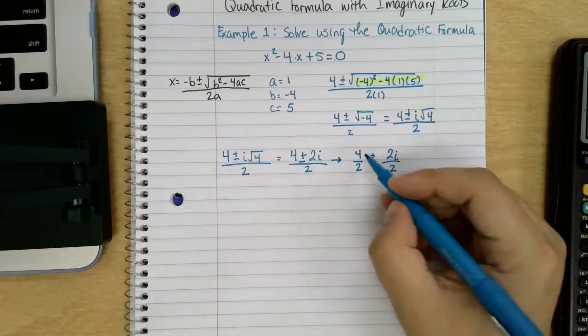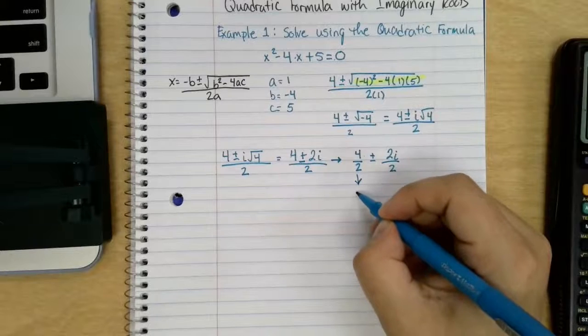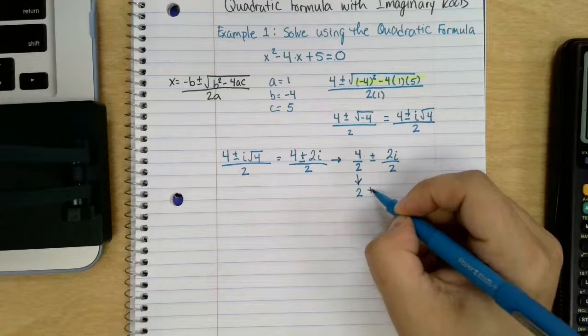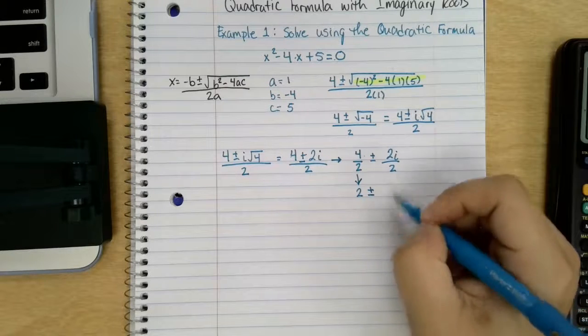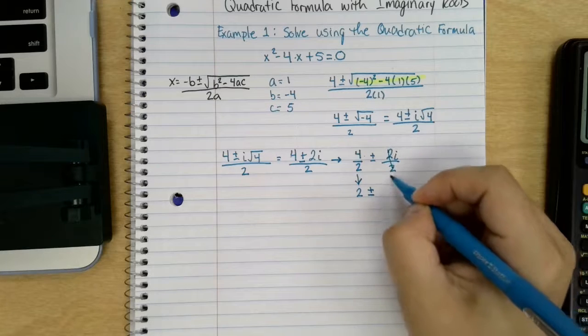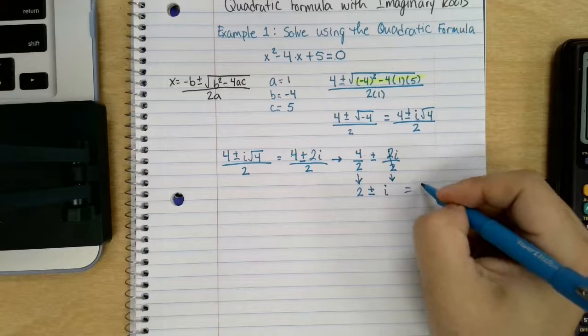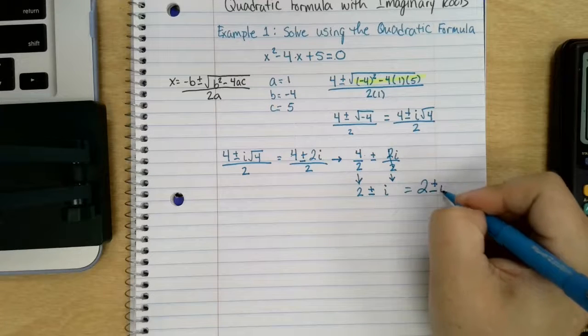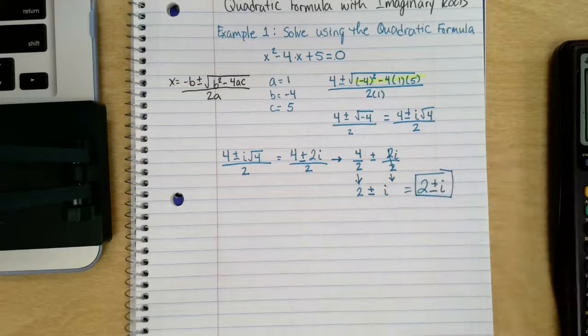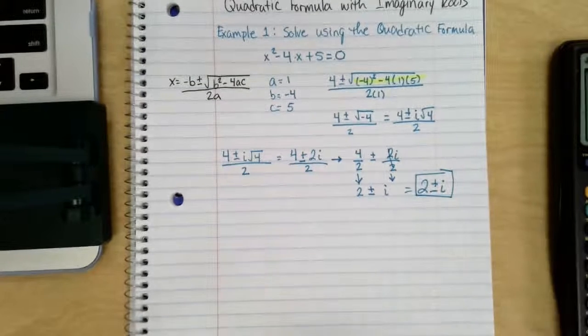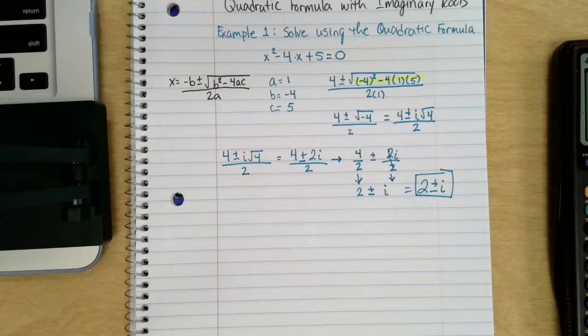Here, that simplifies down to 2. We still have our plus or minus. Here, the 2's cancel out, so we're left with i. So our final answer here is just 2 plus or minus i. I know it looks a little weird, but that's exactly how you would leave that answer.